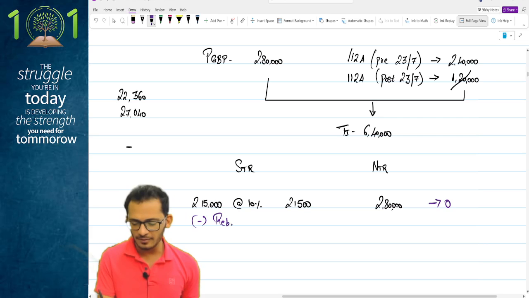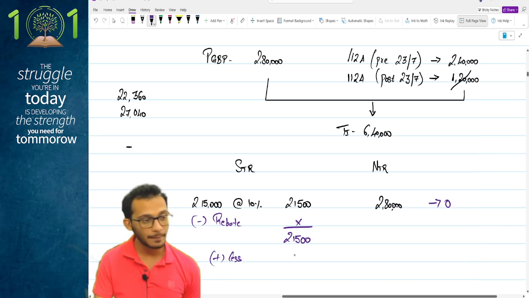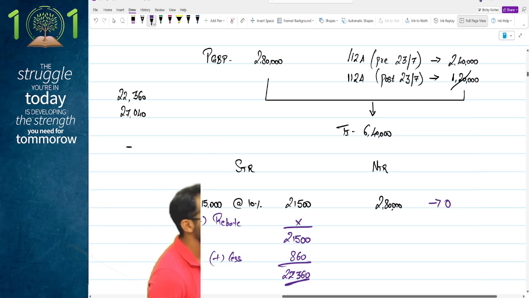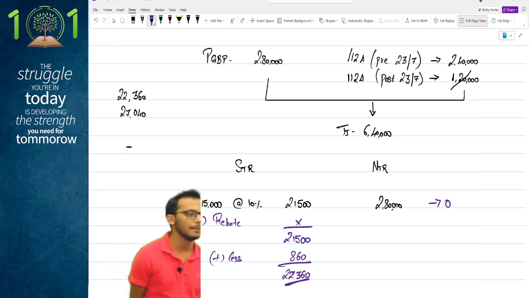You are not eligible for any rebate on 112A. Therefore, your tax becomes 21,500. Adding a cess on that, you get 22,360. Clear?